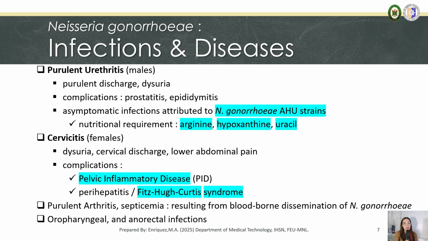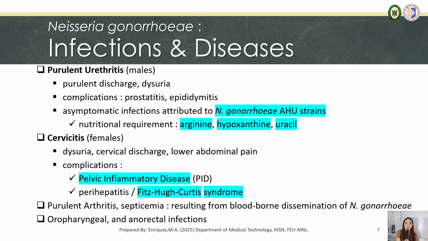Okay. Now, in women, asymptomatic and undiagnosed infections could lead to complications such as pelvic inflammatory disease. So the pelvic inflammatory disease, or PID, is an infection of the female reproductive organs, specifically those located at the pelvis. Basically, since the infection was left untreated because the patient was asymptomatic, ano pong nangyayari when the patient is asymptomatic?